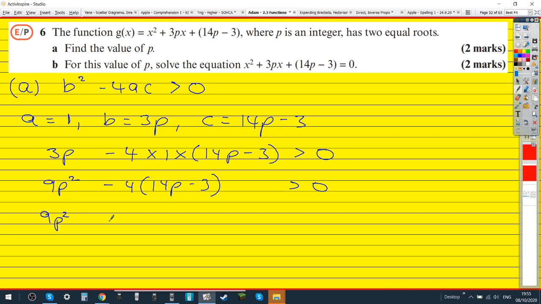So it'd be minus 4 times 14, right? So it'd be 9p squared minus 56p, and then minus 4 times minus 3 should be 12, so add 12 is greater than 0.